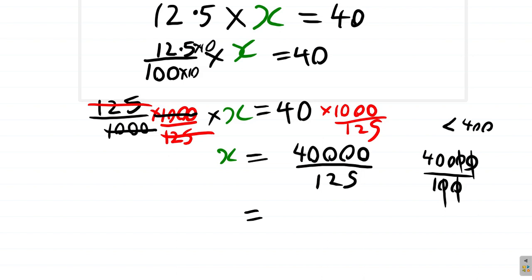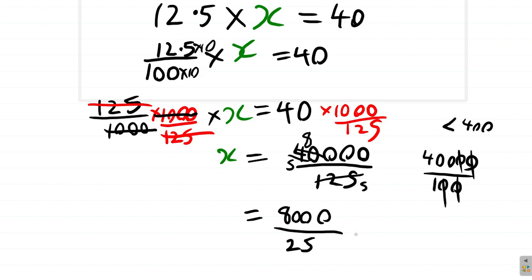Here, if we divide 40,000 by 5, 40 by 5, we get 8. So, 40,000 contains 5 8,000s. Suppose we divide 125 by 5 also. We divided this by 5 and we get 8,000. Divided 125 by 5, what do we get? It's going to be 25.